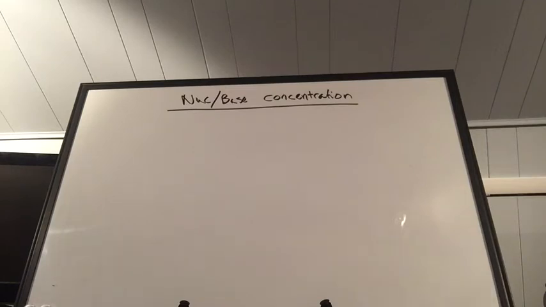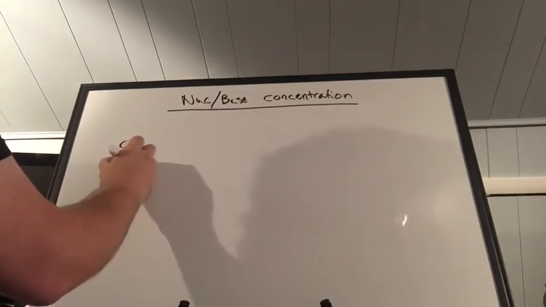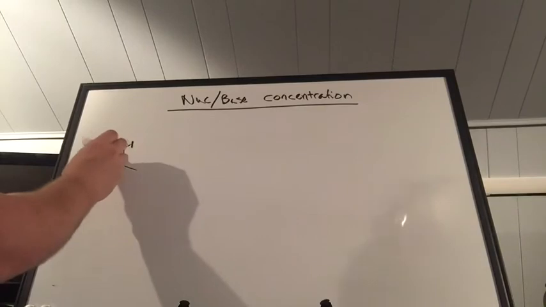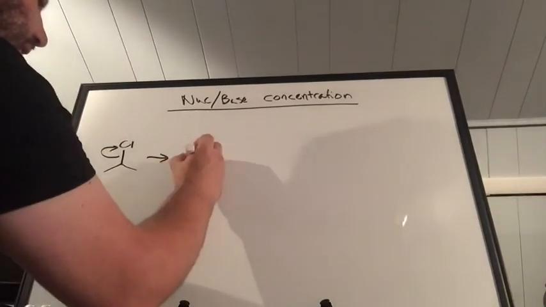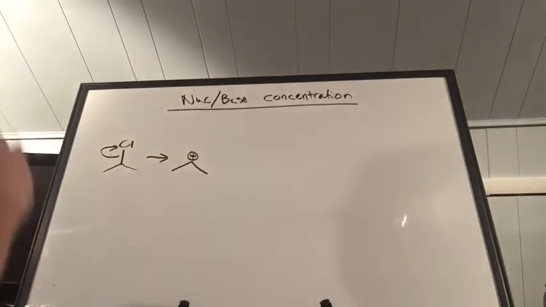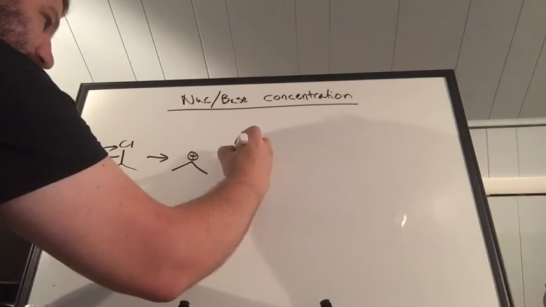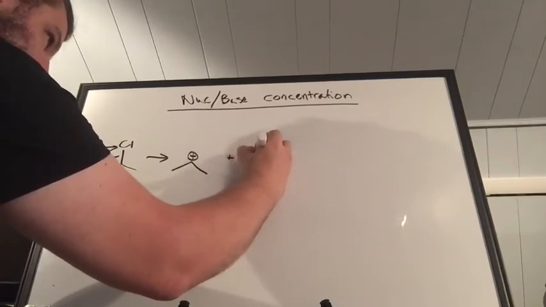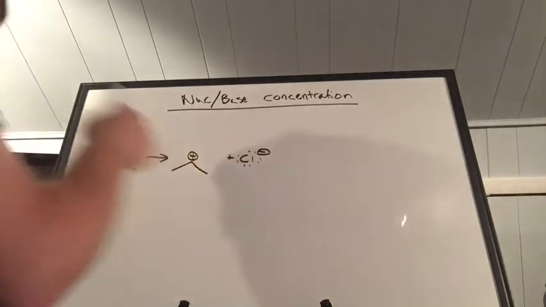So let's draw some heterolysis steps here. So this is going to be a secondary carbocation and then Cl minus. Right? So this is kind of stable.